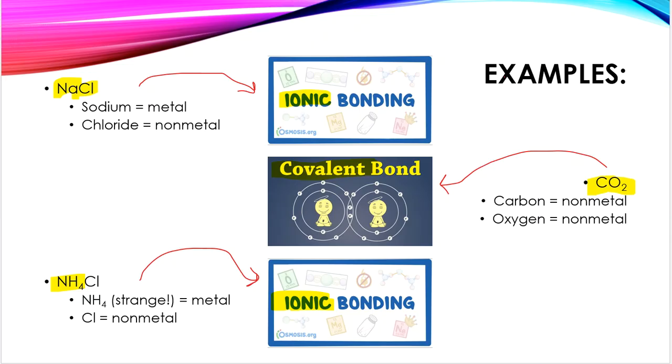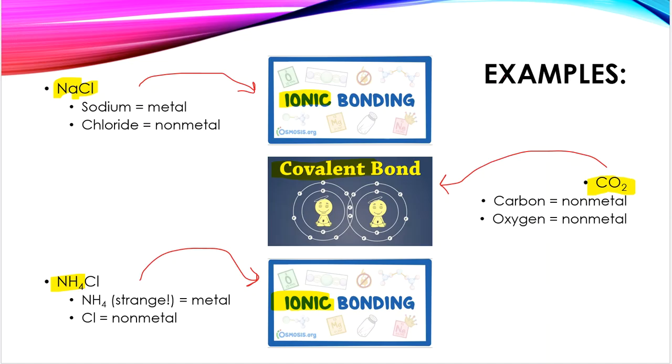All right? So sodium chloride and ammonium chloride in these examples are transferring electrons, and carbon dioxide, the stuff you're breathing out, is covalent, which means they're sharing electrons. Out of these three, the carbon dioxide is going to be the easiest to break apart.